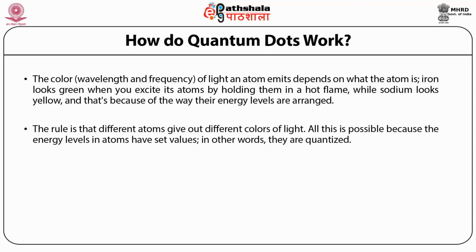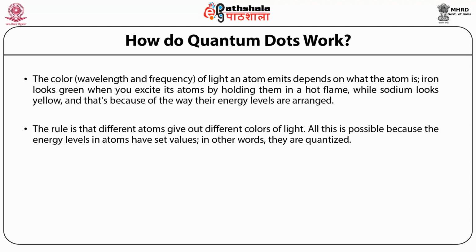So the rule is that different atoms give out different colors of light, and all this is possible because the energy levels in the atoms have set values. In other words, they are quantized.